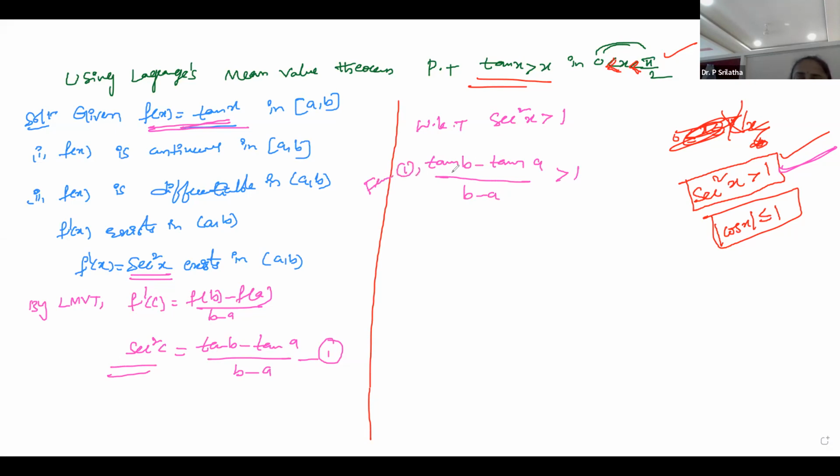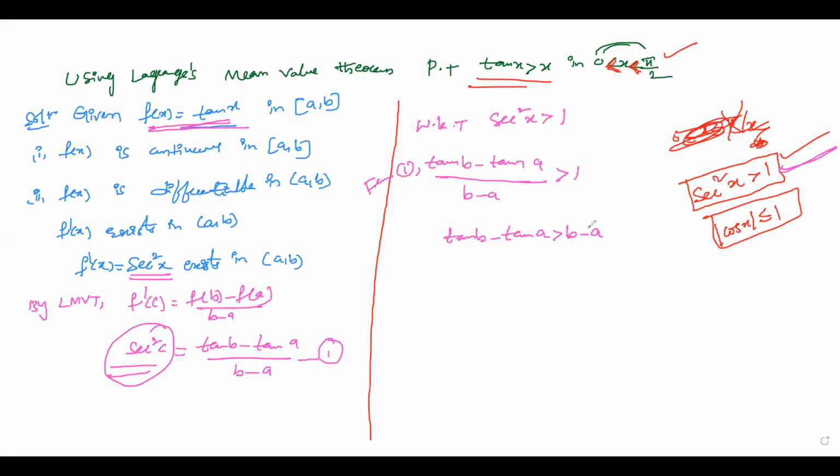From equation 1, the secant square c value is tan b minus tan a by b minus a, which is greater than 1. From this we can write tan b minus tan a is greater than b minus a. Now what is the a value and the b value?